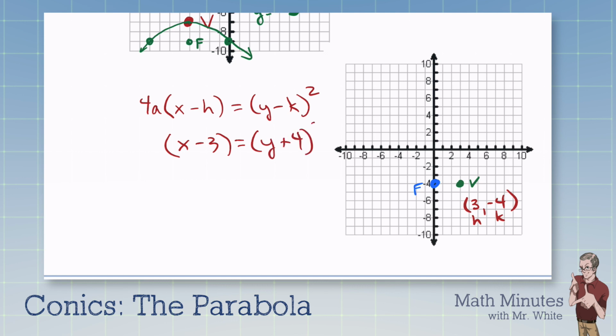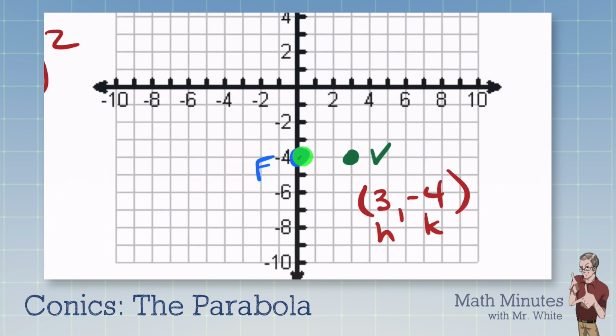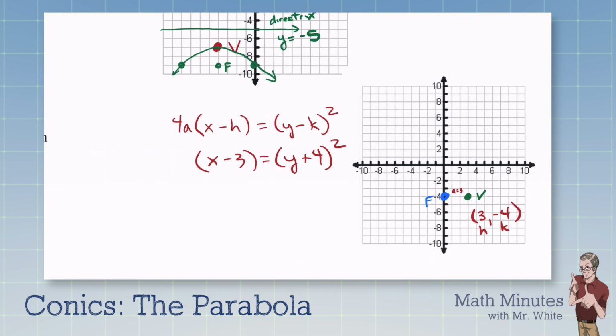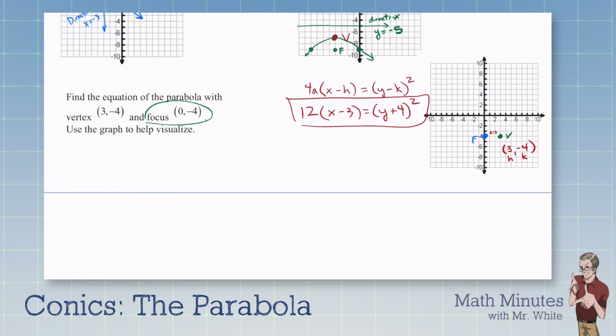Remember, you have to change the sign. Now, what about a? How much is a here? Well, we just zoom in and we count. Look here. This is a equals 3. So we put a 3 in there and we get 12. We're done. It asked us to write the equation of the parabola, and we did it.